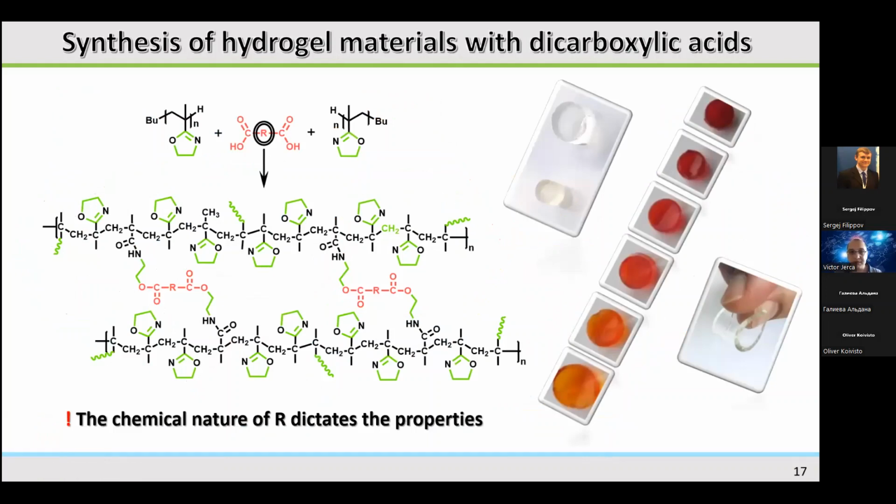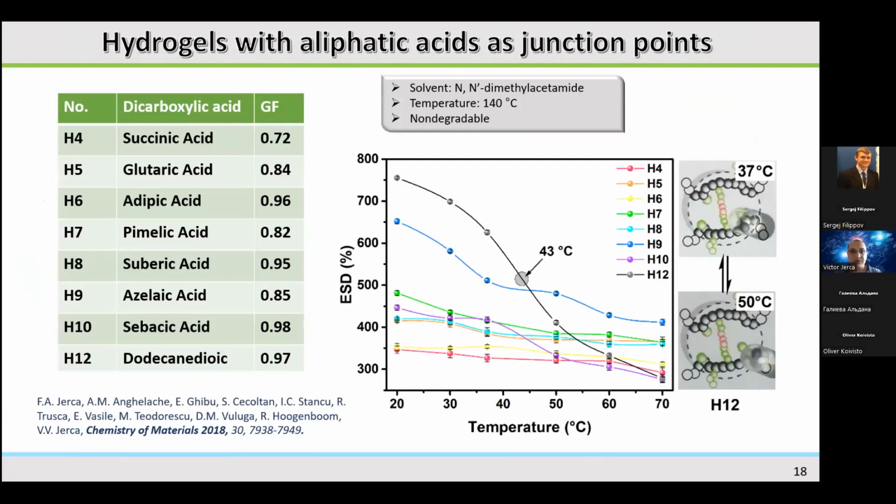In our first attempt, we tried to cross-link PiPOx with different aliphatic dicarboxylic acids, and for this we chose a range of dicarboxylic acids, starting from succinic acid and ending with dodecanedioic acid. As you can see here, we can nicely modulate the equilibrium swelling degree, so the swelling of the hydrogel depends on the acid that we used.